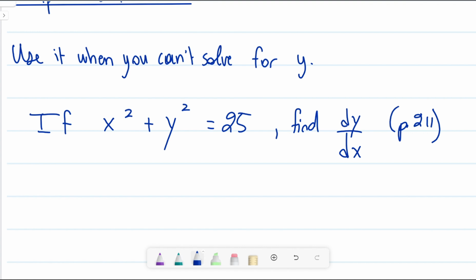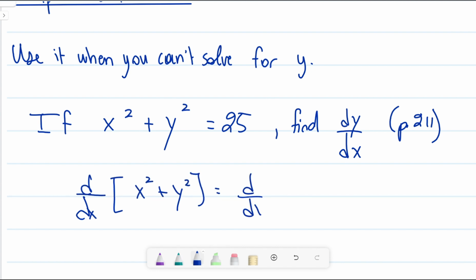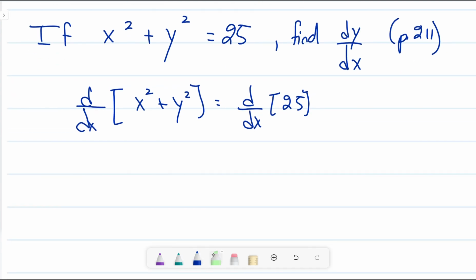So what we do in such a case is we first take the derivative of both sides. One thing to note is that we are taking the derivative with respect to x. So we differentiate the x normally. The derivative of x squared is 2x. However, when we get to a y, we start by differentiating it normally.